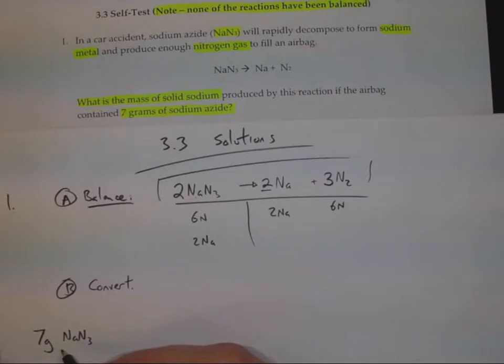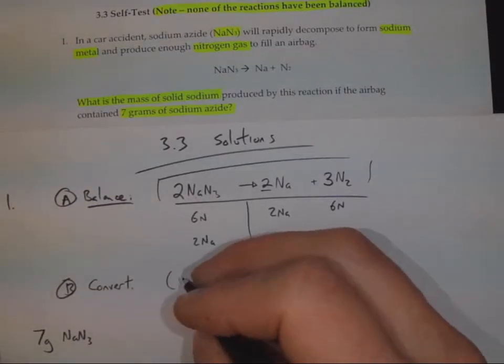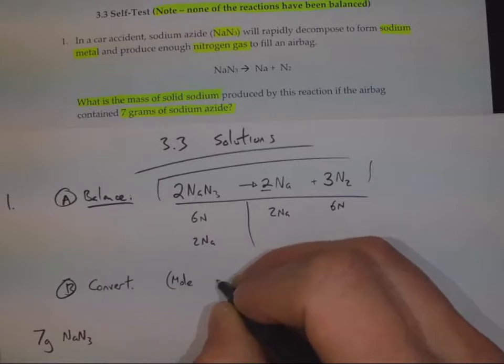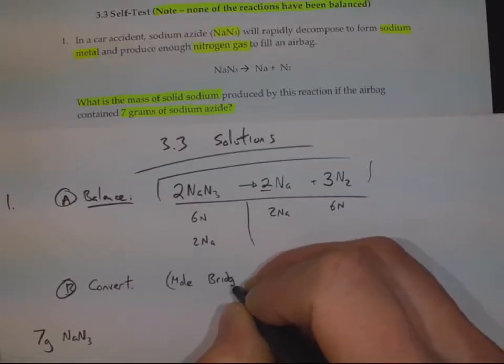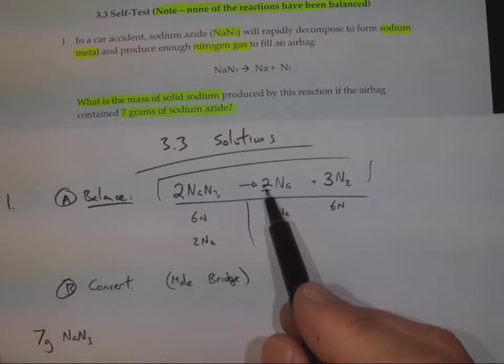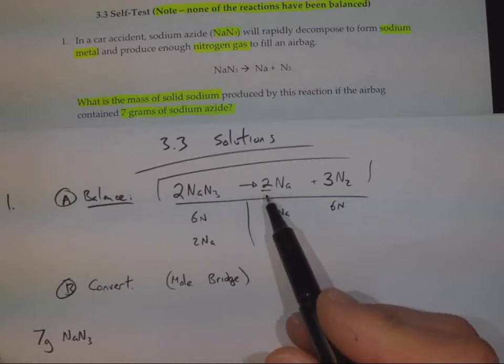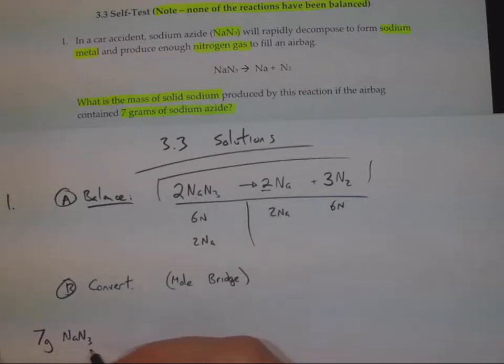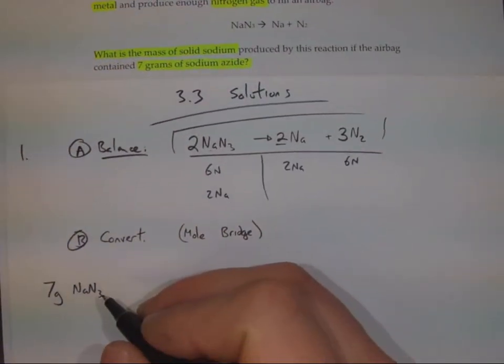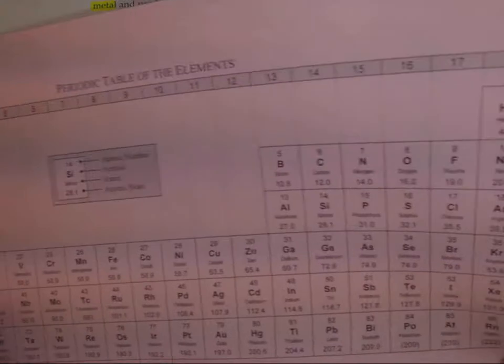Okay, and just like any question that involves stoichiometry, we're going to need to get to a mole bridge. So we can go from moles of one substance to moles of another substance using this ratio only after we've converted into moles. So we're going to need to convert this number of grams of sodium azide into moles of sodium azide. To do that, we'll use our periodic table and find the molar mass.